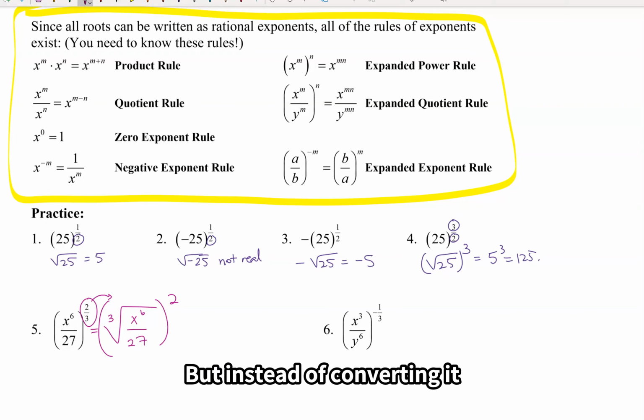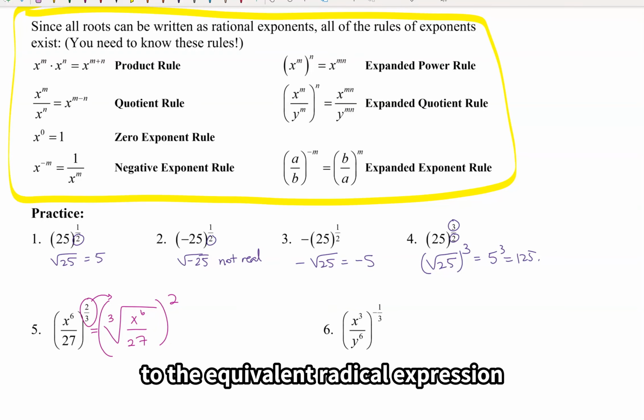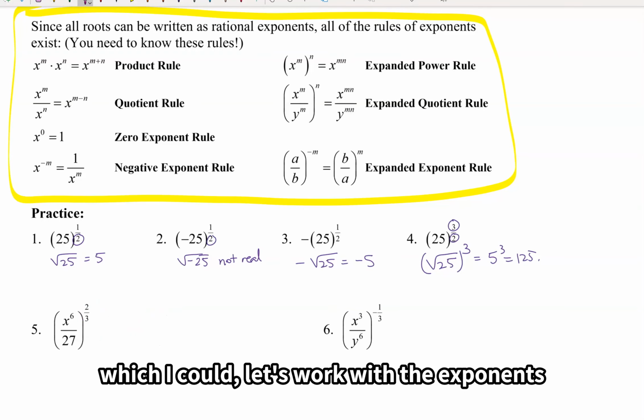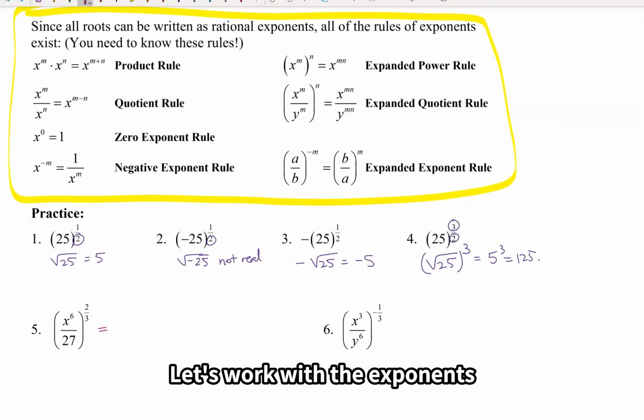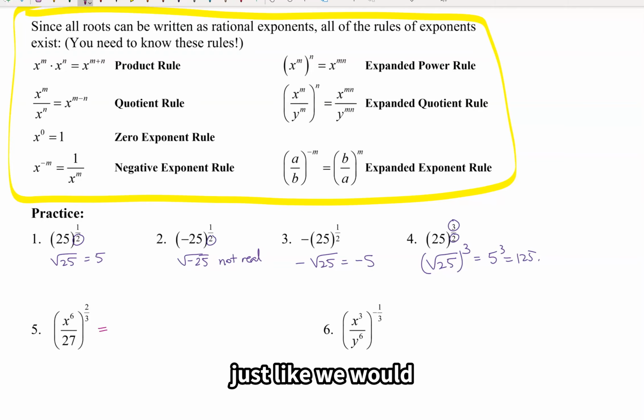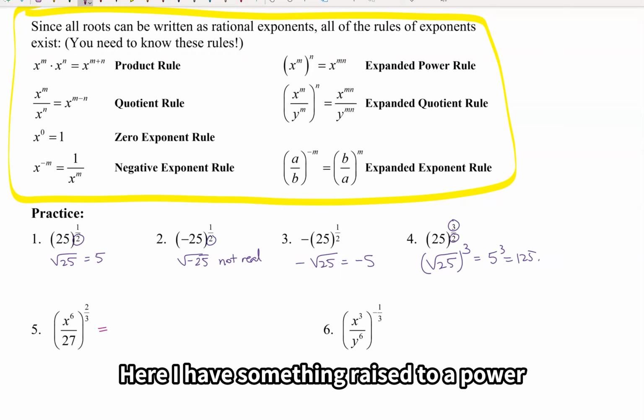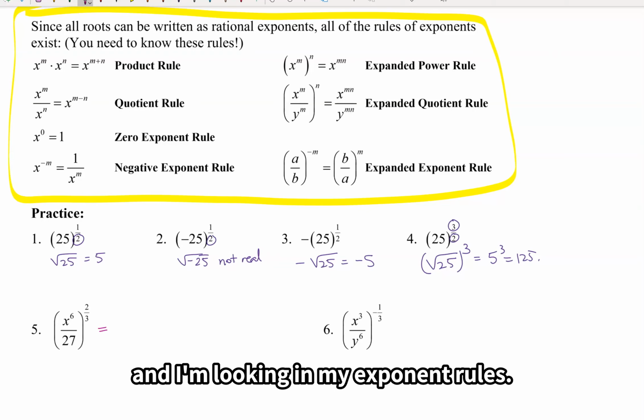But instead of converting it to the equivalent radical expression, which I could, let's work with the exponents and see if we can gain some insight there. Let's work with the exponents just like we would if they were whole numbers. Here I have something raised to a power, and I'm looking at my exponent rules.